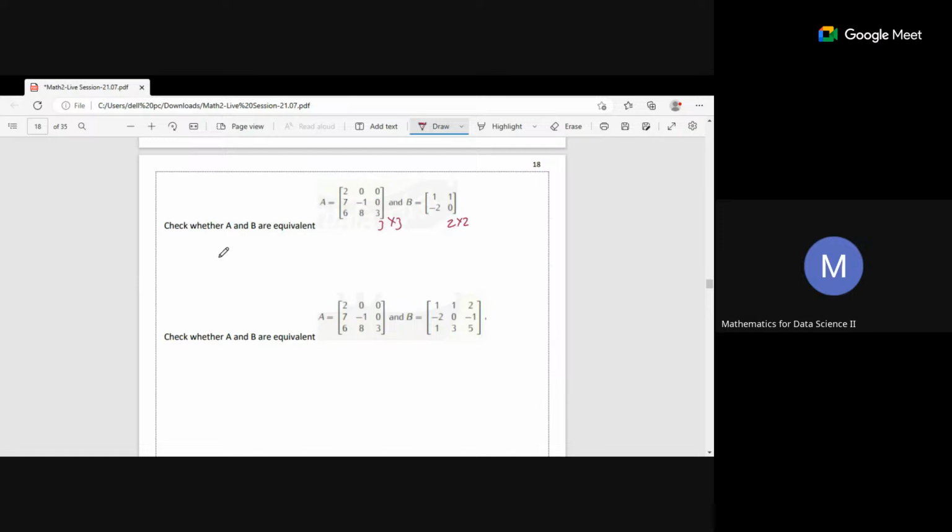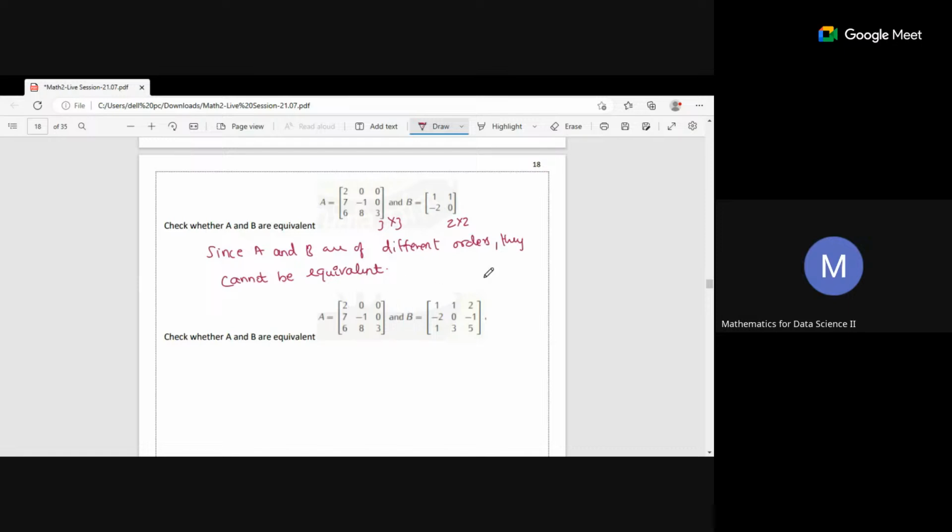So straight away we can say, since A and B are of different orders, they cannot be equivalent. Is that fine? Okay.